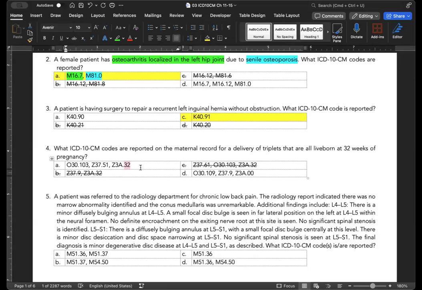in the testing perspective, because we know if we have a chapter 15 code and we are pregnant, then we have to have our chapter 15 code listed first. And then if we remember our trick, 32 weeks is .32. Without even cracking open your book, you've got your answer.